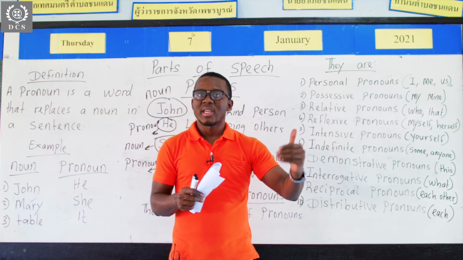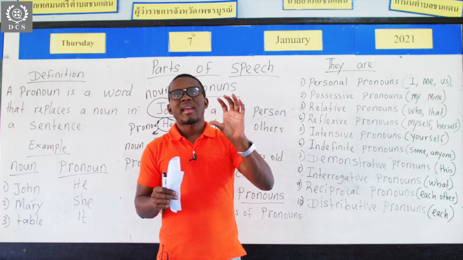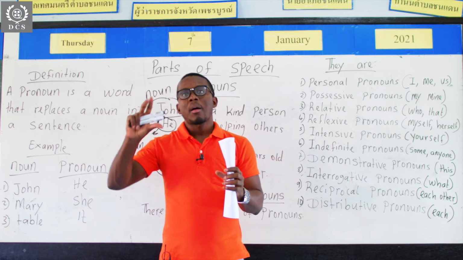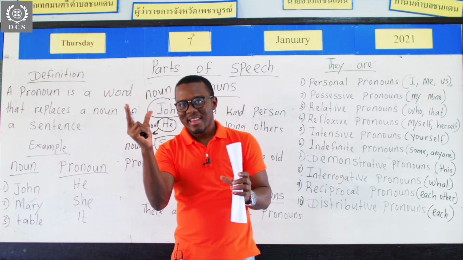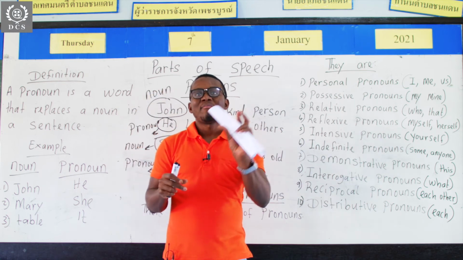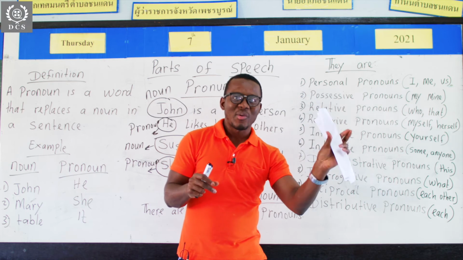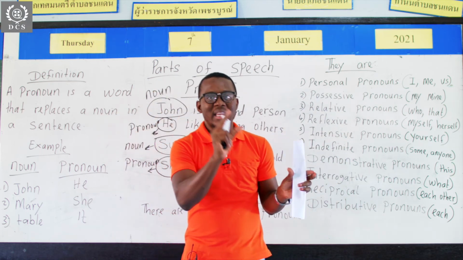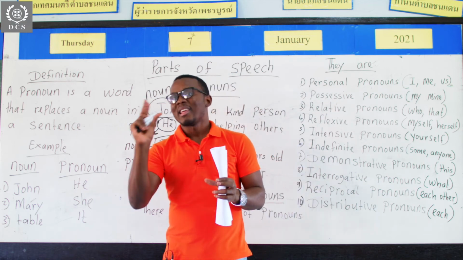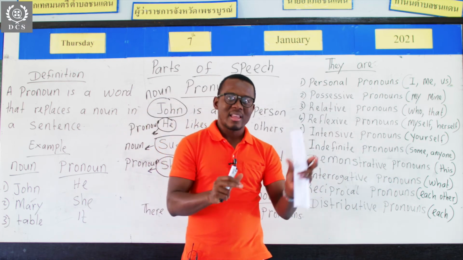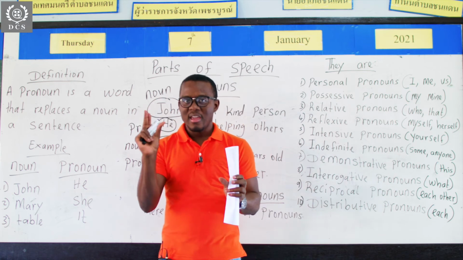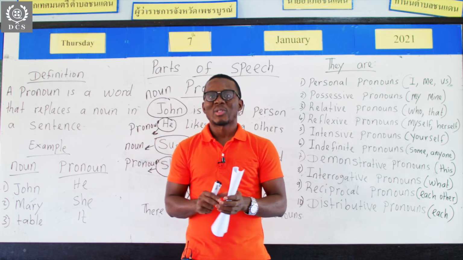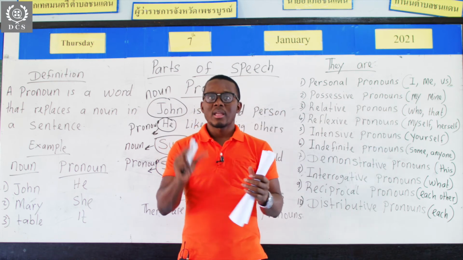We can replace Peter, which is a noun, with a pronoun, he. So instead of saying Peter likes to eat hamburgers, we can say he likes to eat hamburgers. So you see, we can replace Peter with he.